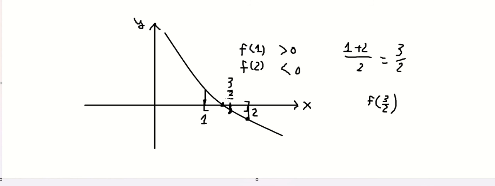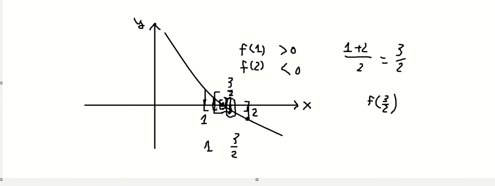So we need to select this interval. And now we continue. That should be the new interval from 1 to 3 over 2. After we calculate, we get another number here. Because this number is smaller than this value, we select this interval, and we just continue until we reach the final solution.